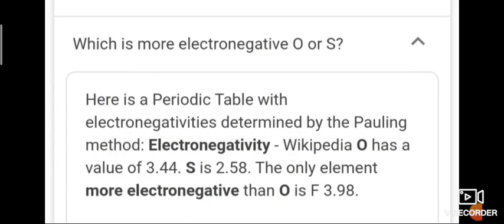Here is the periodic table, oxygen and sulfur. The electronegativity of oxygen has the value 3.44 and sulfur has 2.58. So oxygen is more electronegative than sulfur, but among all those elements, fluorine has the highest electronegativity, that is 3.98 or 4.